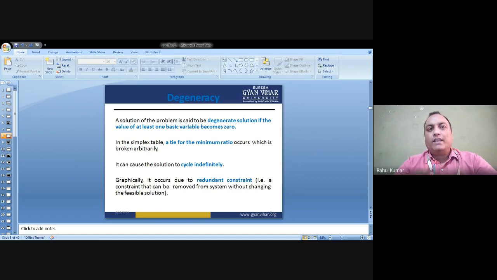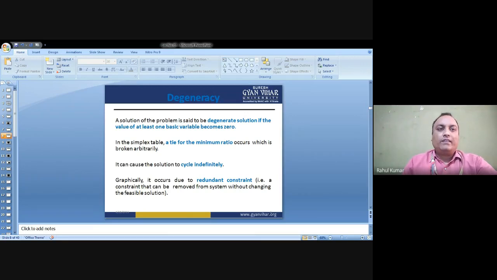The same operation is applied to all other elements in that row, and the coefficients are changed accordingly.